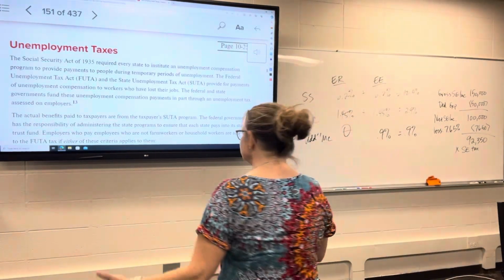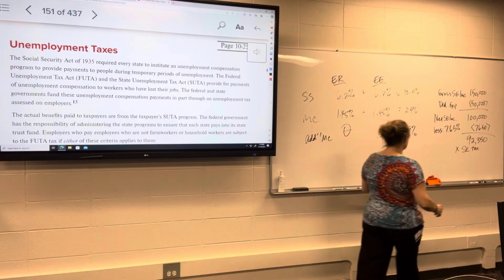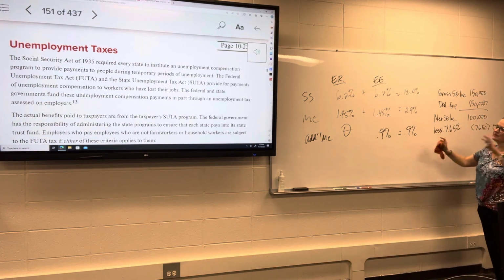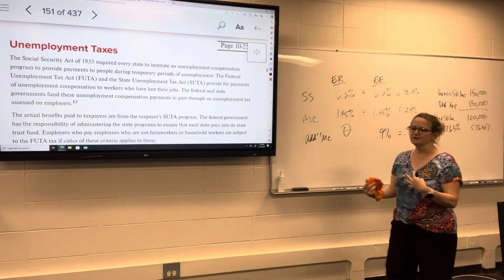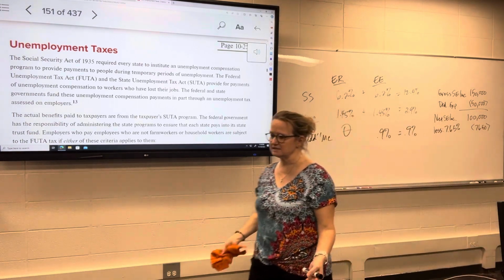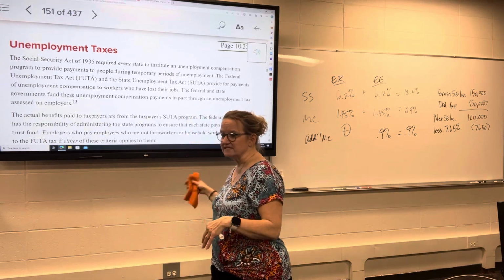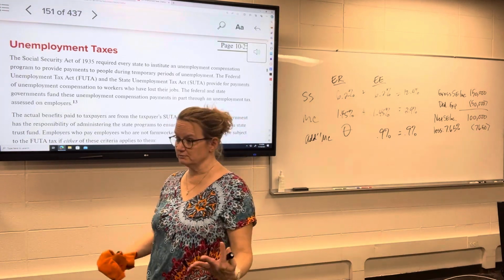All right, unemployment tax. If you recall from payroll accounting, we also have unemployment tax. They throw this in here for preparing the income taxes themselves. We really wouldn't be dealing with FUTA taxes unless we have a household employee.